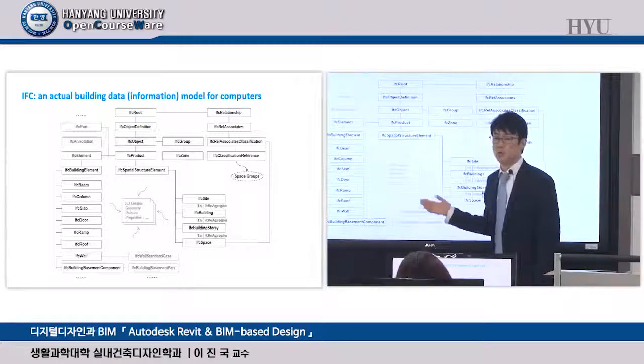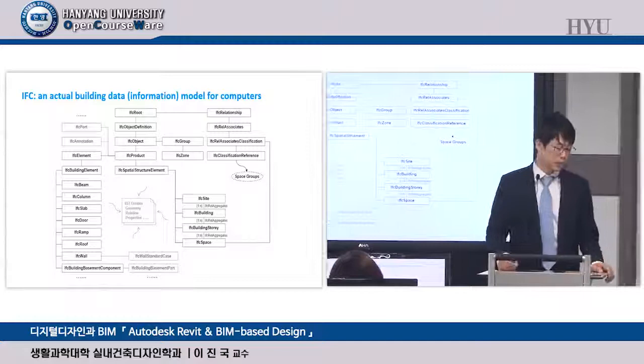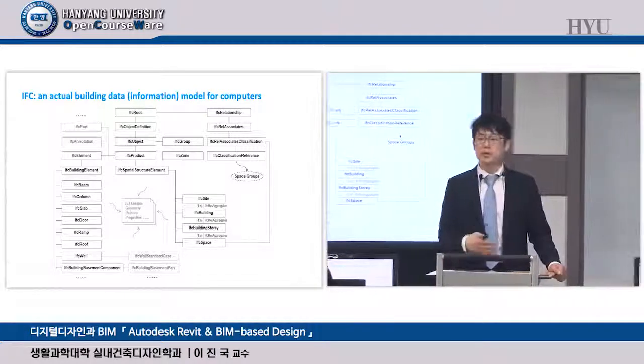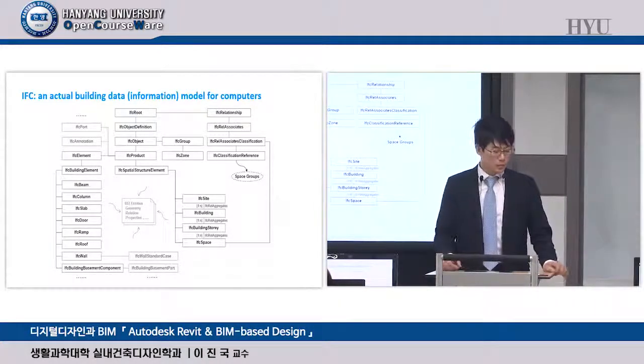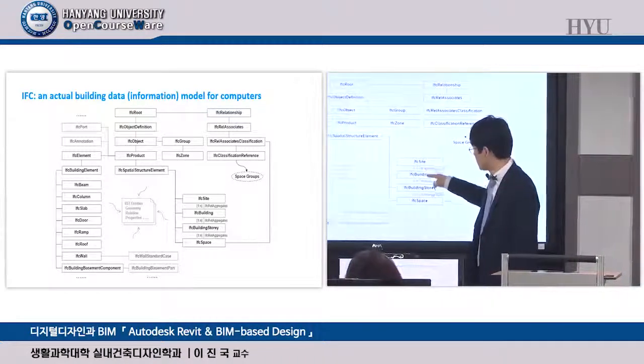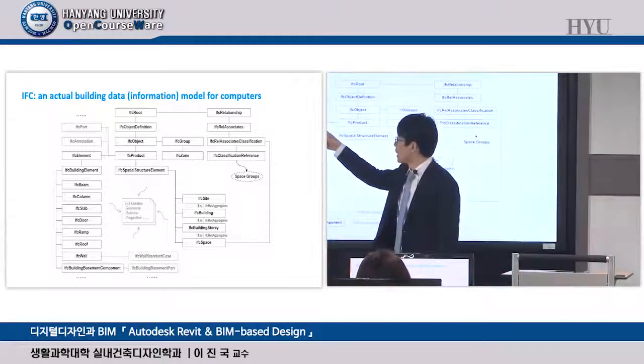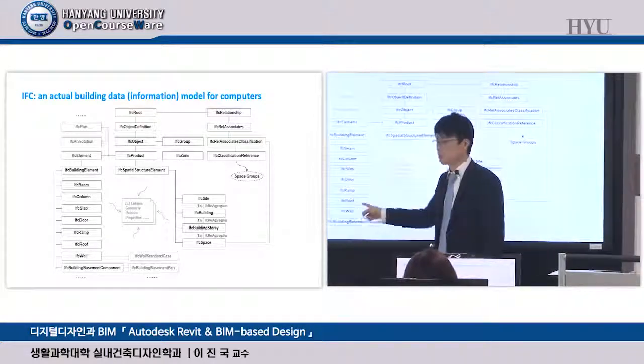They are all about buildings in a very complicated data structure defined in a computational model for buildings. Anyway, my point was IFC site, building, building story, space, space group, and element, building element, and building structure.